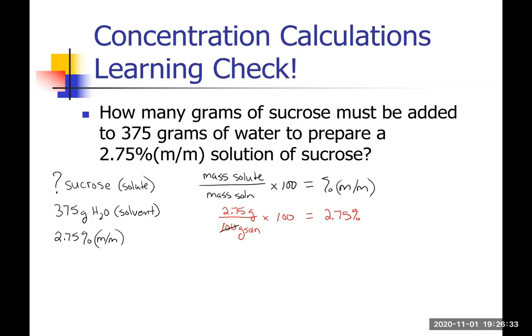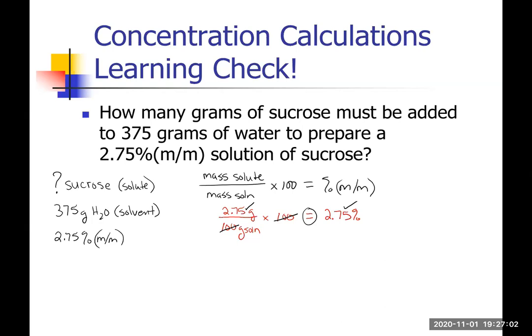And in this problem, the 100s would cross-cancel, and this 2.75 is equal to this 2.75. So what have I done here? I've just used my knowledge of percentages and cross-canceling and the fact that 2.75 equals 2.75 to set up for myself a conversion factor.